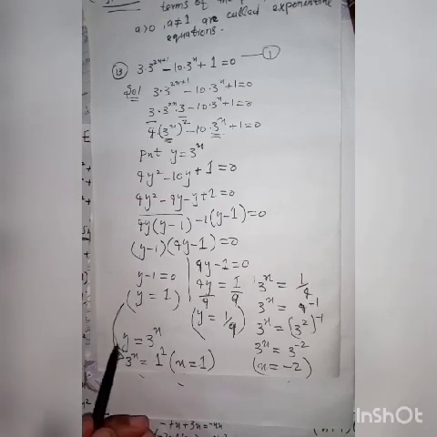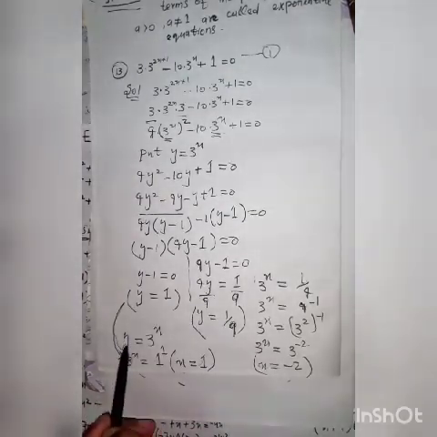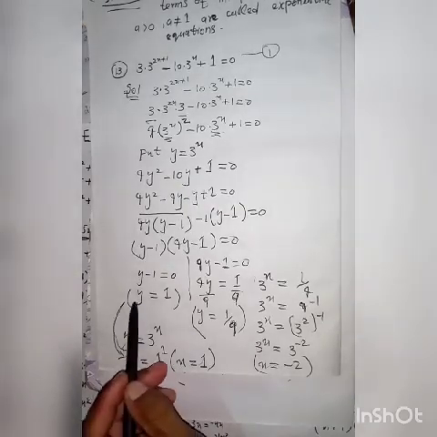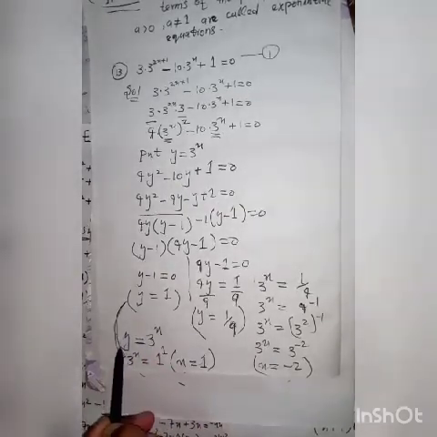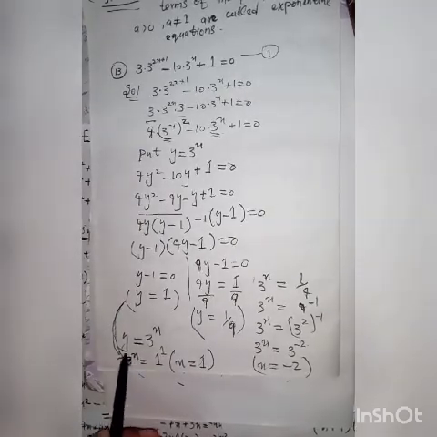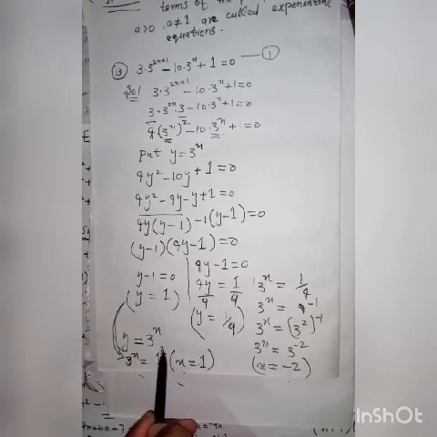Now we will put back the value of y, which is y is equal to 3^x. So y is equal to 1 becomes 3^x is equal to 1.